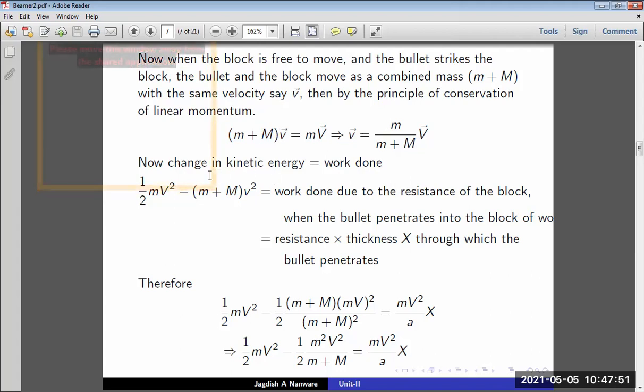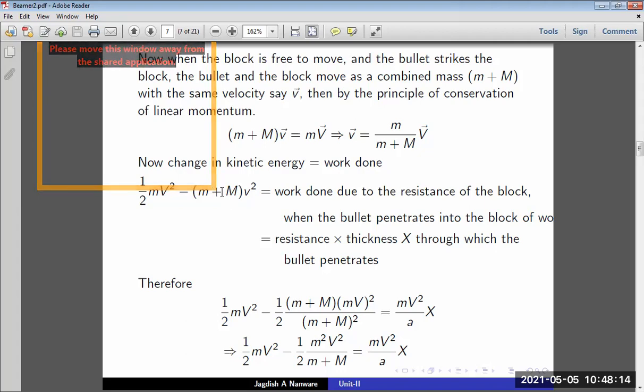Now you can find the change in kinetic energies. We know that change in kinetic energy is the same as work done. The kinetic energy of the bullet, whose mass is m, is half m v square, and this is the kinetic energy of the combined mass.